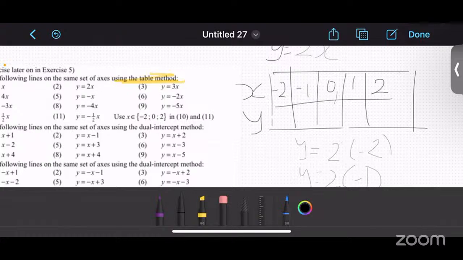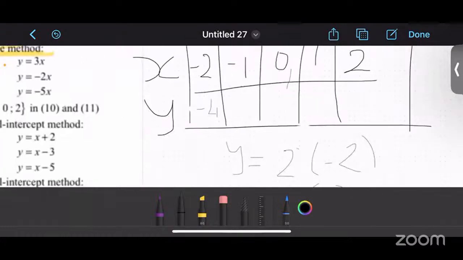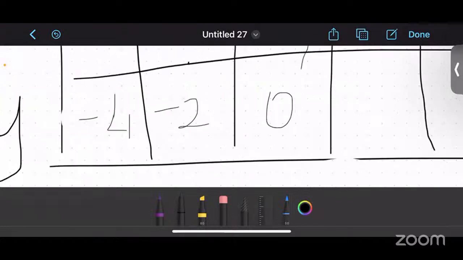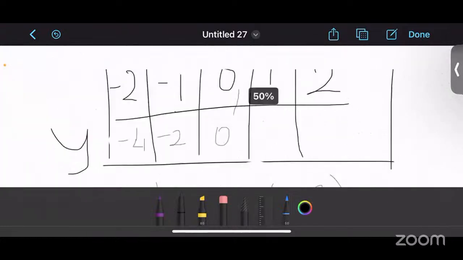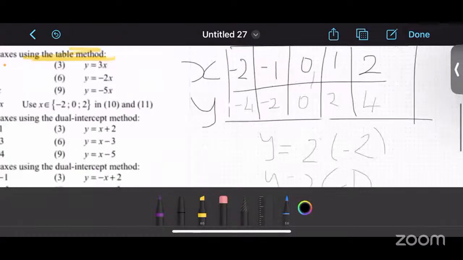Okay. Now the first value will be negative 4. Then negative 2. Then 0. Then 2 and 4. Now we have our points.